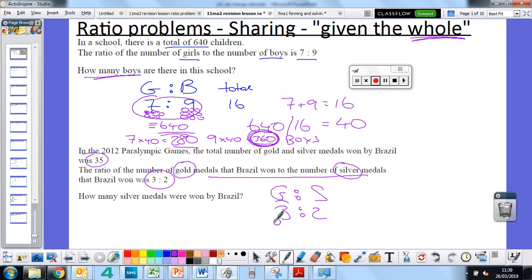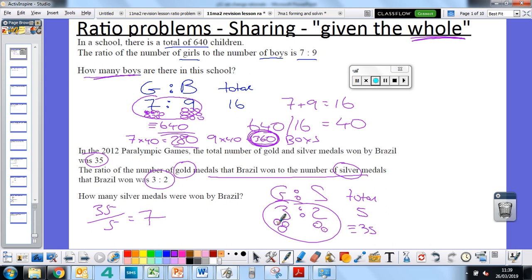So these 3 parts and these 2 parts together are equivalent to 35. And we know that the total here is 5. So what we're looking at are the 35 medals being split into 5 equal groups. 35 divided by 5 is 7.